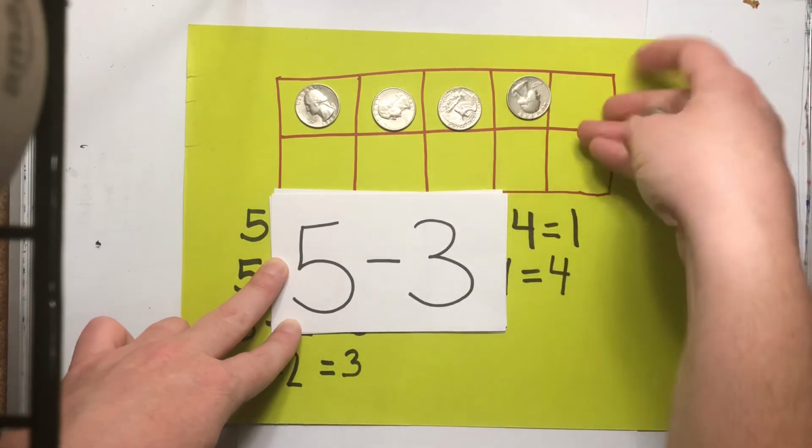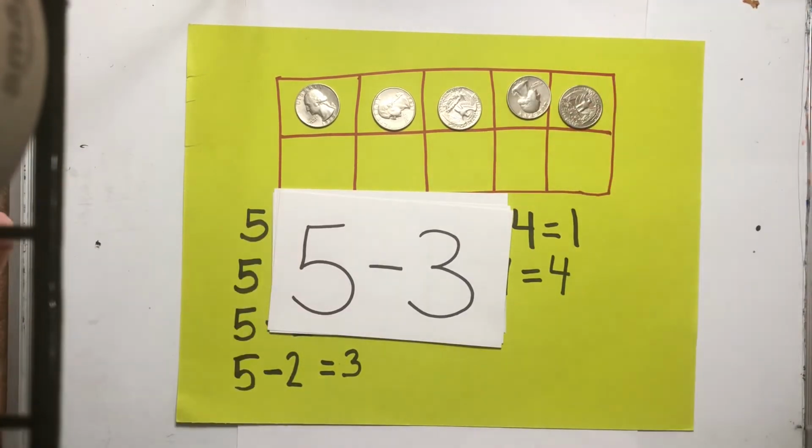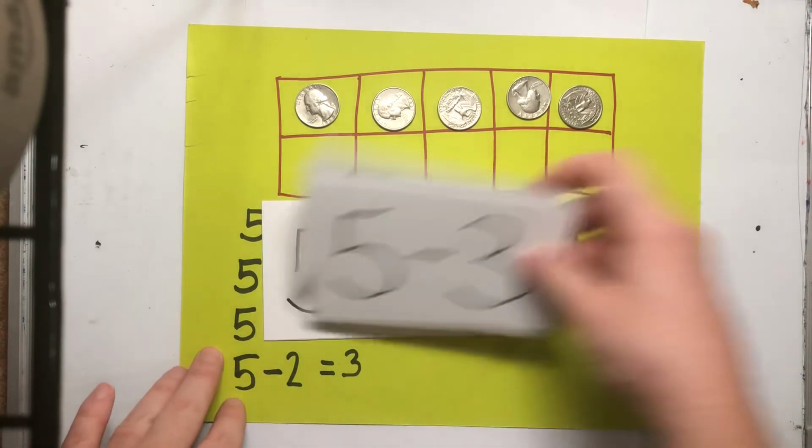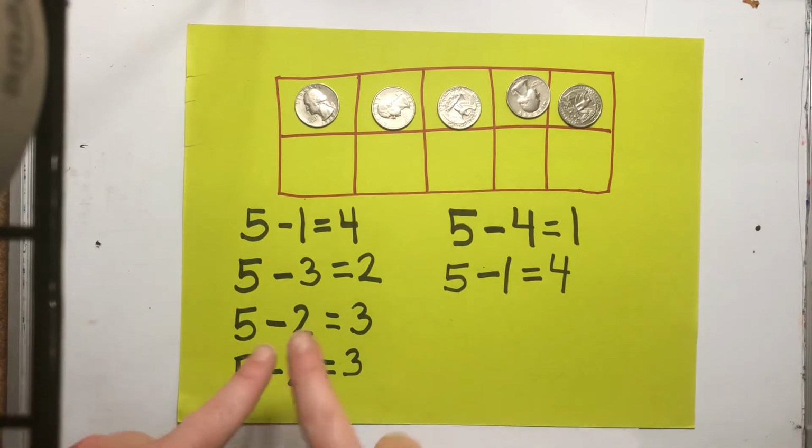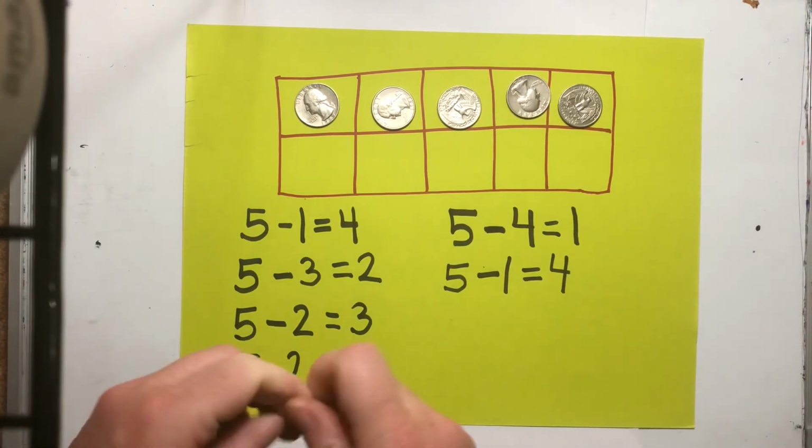You could use the flashcards to help you. Either way, you can practice getting your subtraction fluency by playing those simple, fun games. But I like the way where you can write the number sentences so you can practice with those, okay?